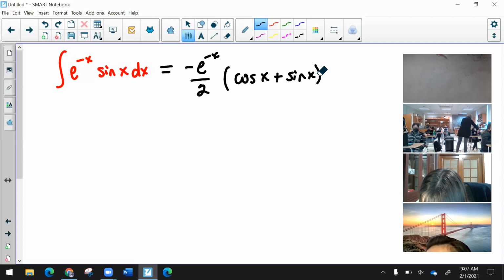So it's still this negative e to the negative x cosine x, minus parentheses, okay, so u times v, minus your integral of v du. So you might want to keep this up if you can.